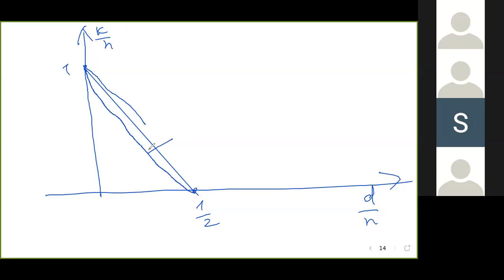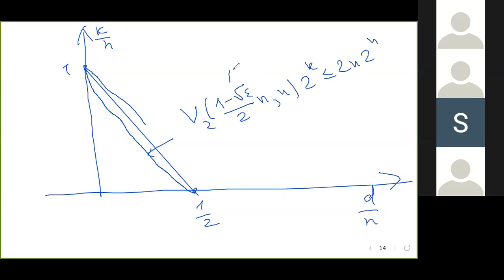So this is the bound: V of 1 minus square root of epsilon over 2 n, times 2 to the k, is at most 2 to the 2n, assuming that this is d over n.